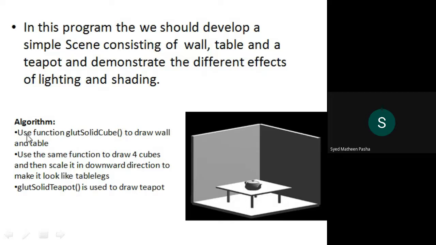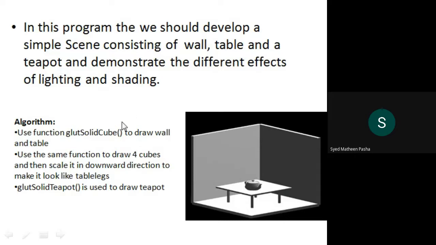What did I tell in the algorithm? We are using glutSolidCube to draw the wall. I'll be using the same solid cube function to draw a cube. I will be scaling it so that it looks like table legs also. Then I'll be using solid teapot, which is actually used for drawing a teapot onto the table.